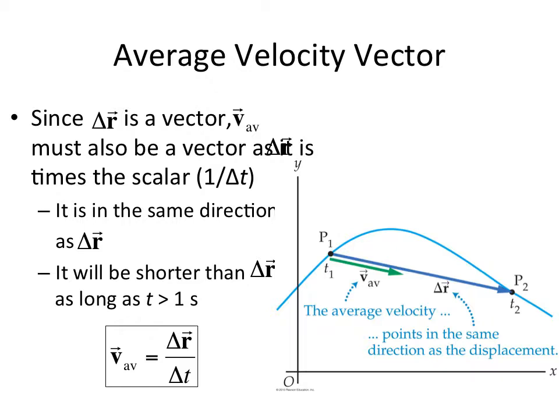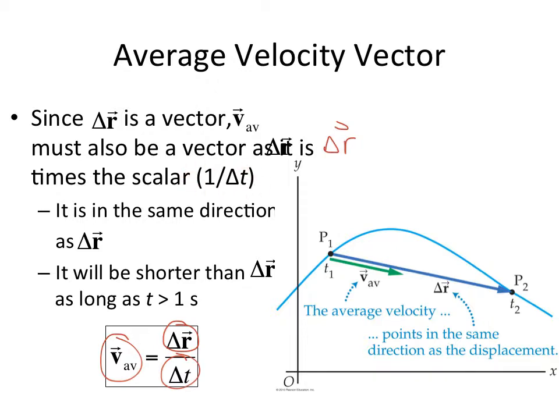In the same way, we can have a velocity as well, because we know that velocity is a change in position over time. This should say, since delta R is a vector, then our vector average velocity must also be a vector, because delta R is multiplied times the scalar of 1 over time.